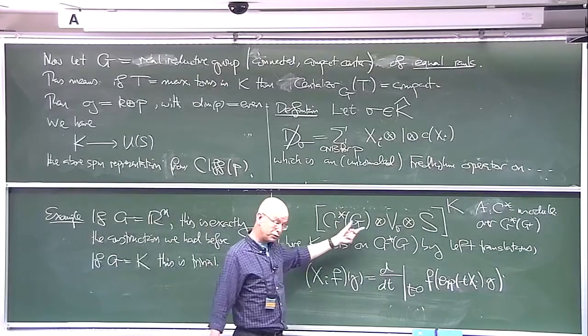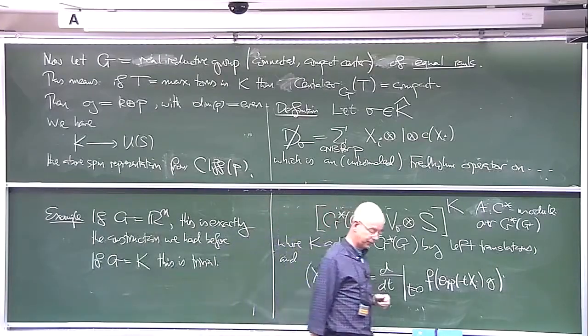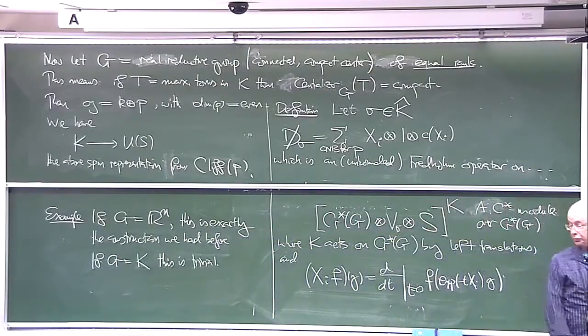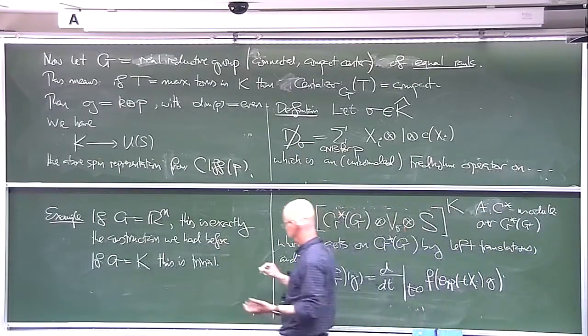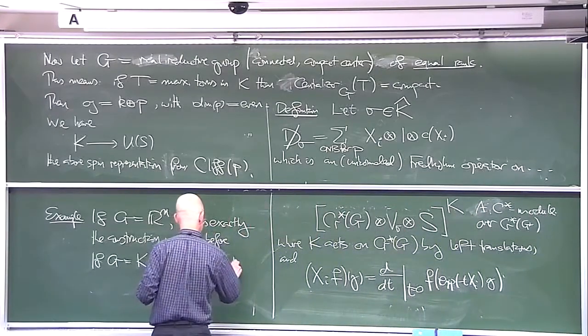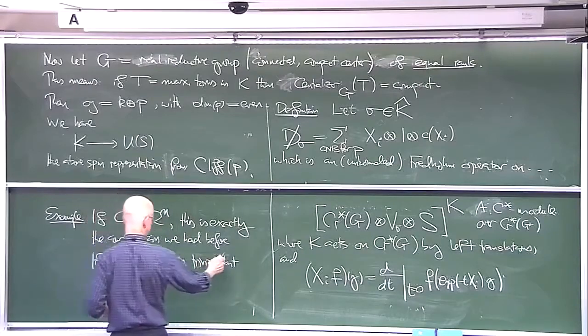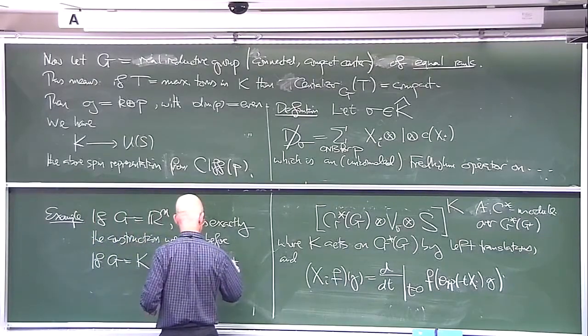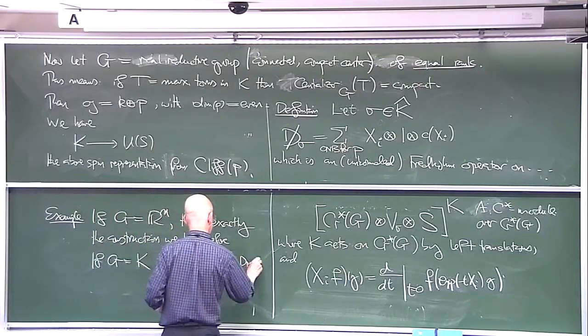Okay, and what we're doing is we're picking out just isotypical parts of the representation space of C-star of G according to the Peter-Weyl theorem. I should say trivial, but not zero. The Dirac operator is zero.